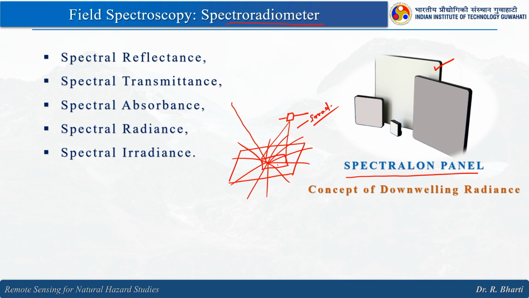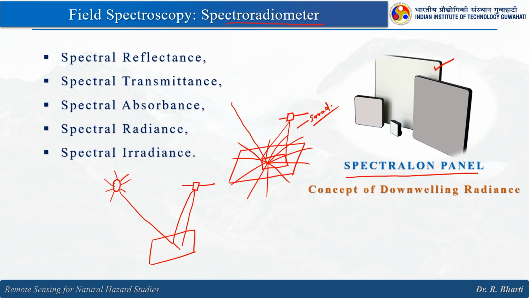So, in this kind of setup, we have a spectralon panel on the ground which is reflecting the energy coming from the sun, and it is measured by the spectroradiometer.